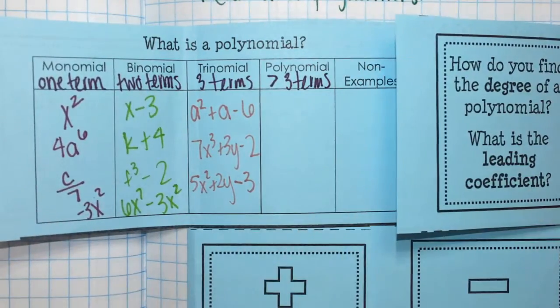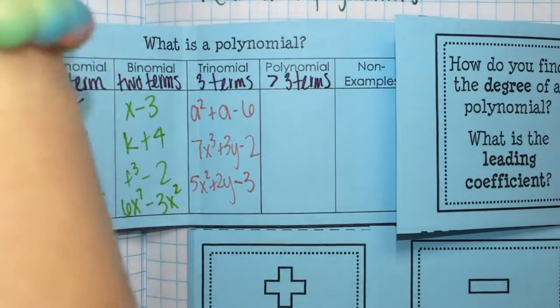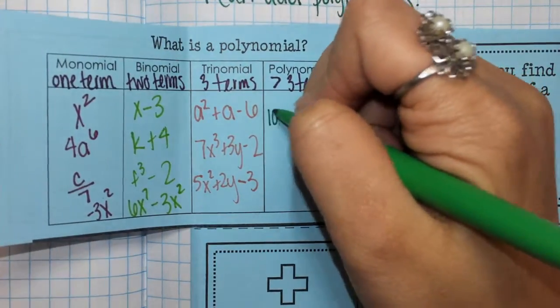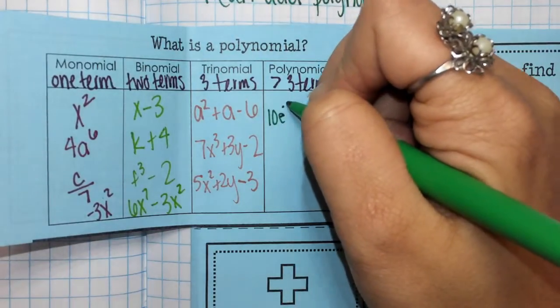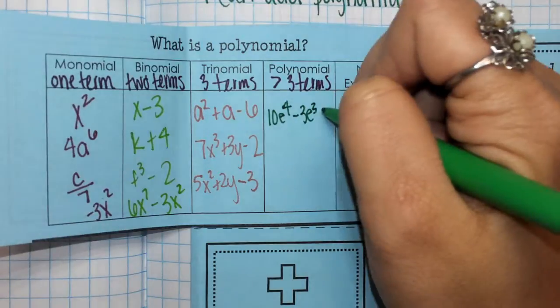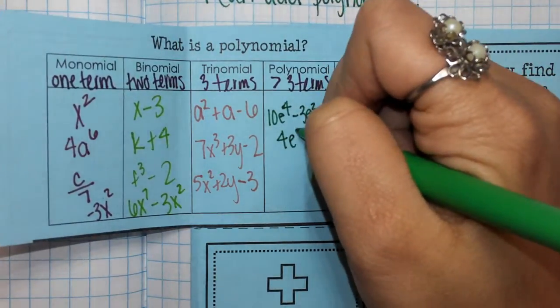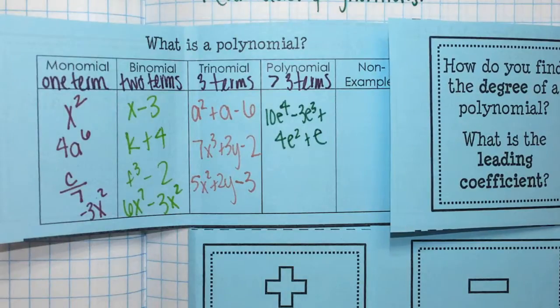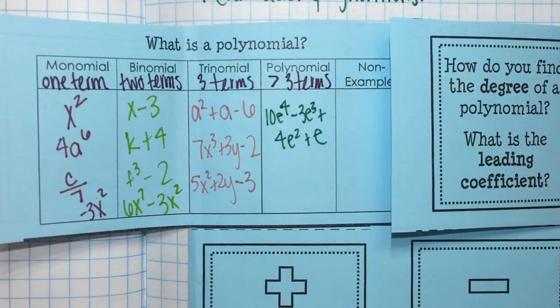So it would be like if we said 10e to the 4th minus 3e cubed plus 4e squared plus e. That is 4 different terms. That's polynomial.